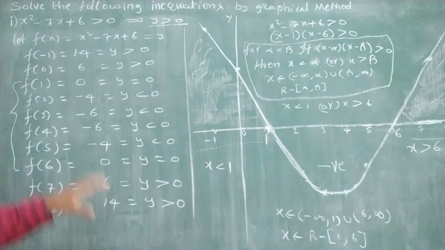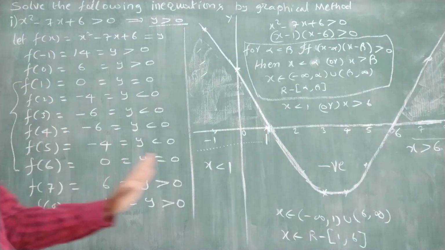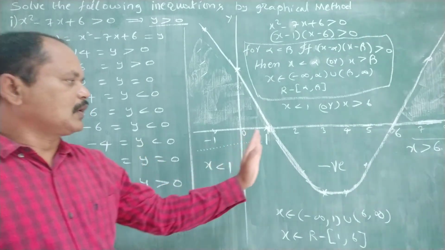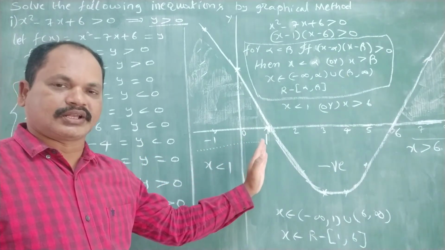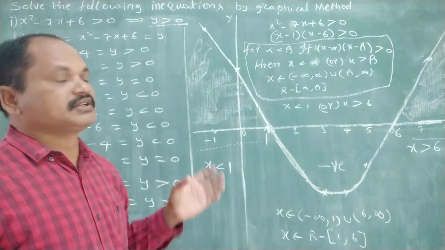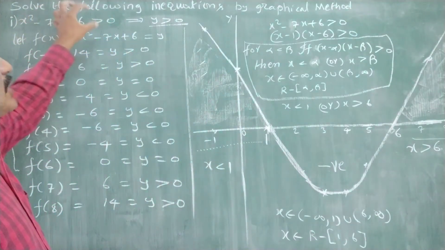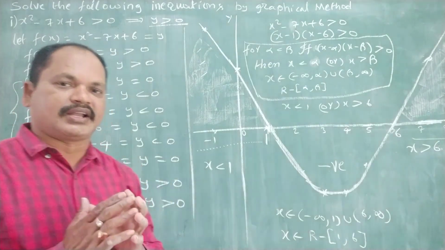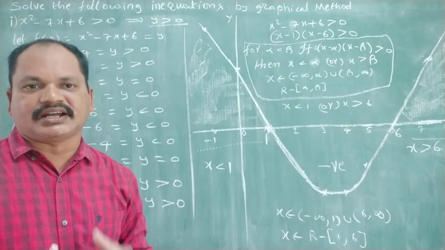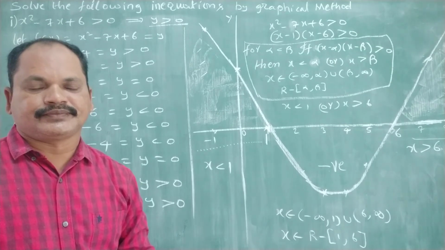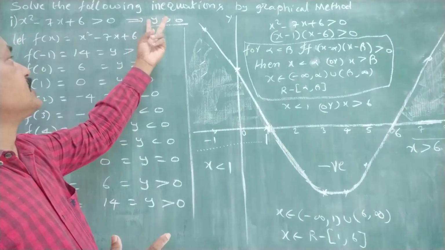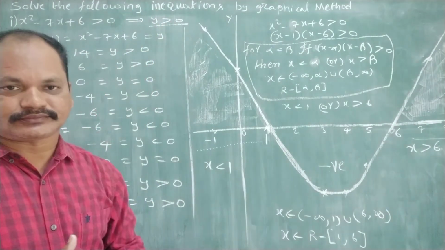So, observe here below 1, that means all the real numbers below 1 satisfy this inequation. Since this inequation is positive, we have to find the set of real numbers which satisfy the inequation, those that satisfy the condition y greater than 0.